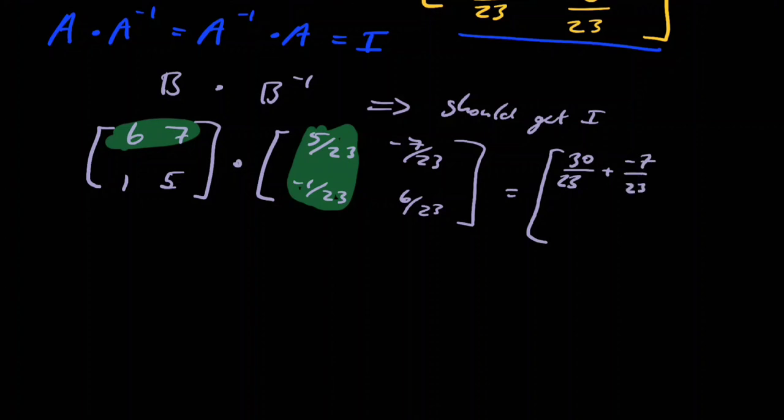Then we are going to take our first row and multiply it by the second column in our second matrix. Sorry, 6 times negative 7 will give us negative 42, I believe. And we're going to add on 7 times 6 over 23, which is also 42 over 23.